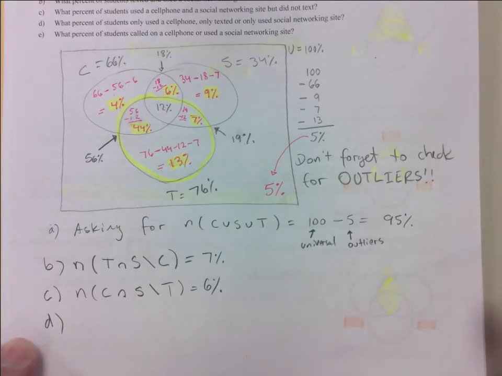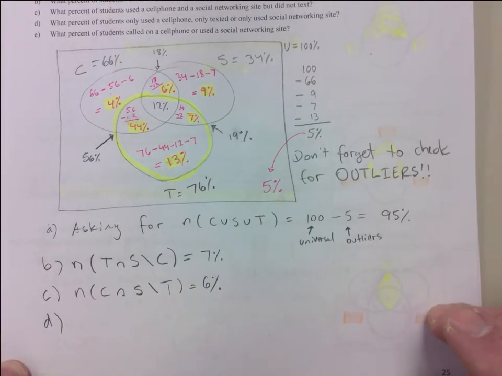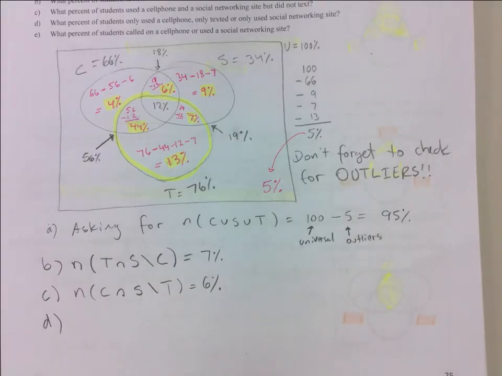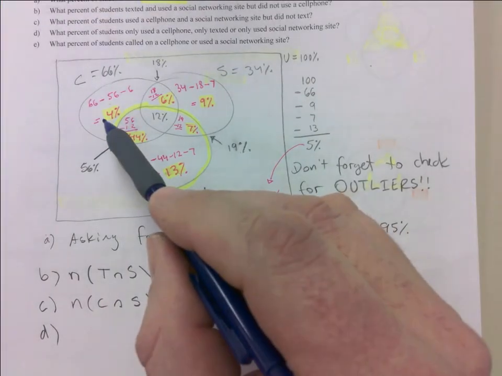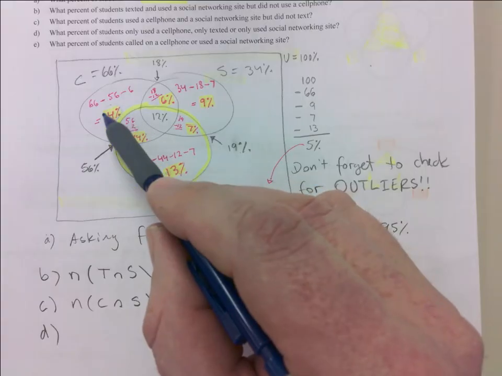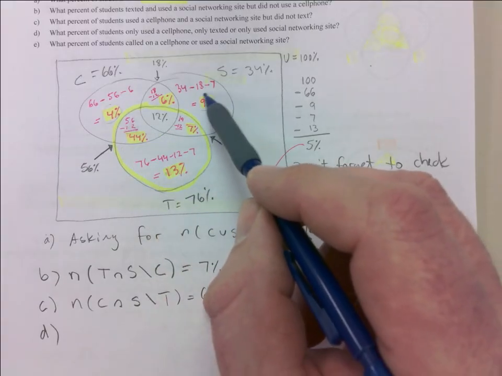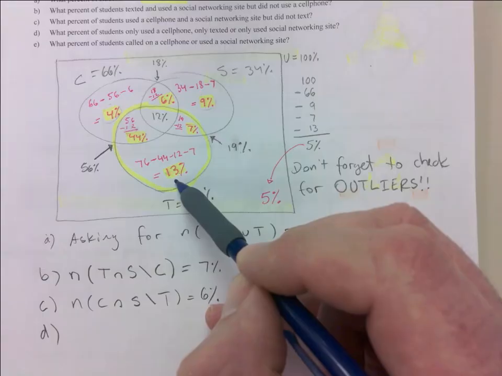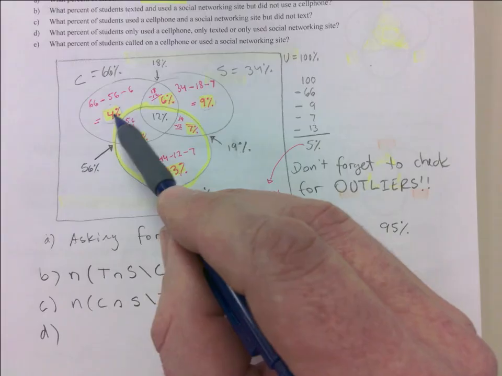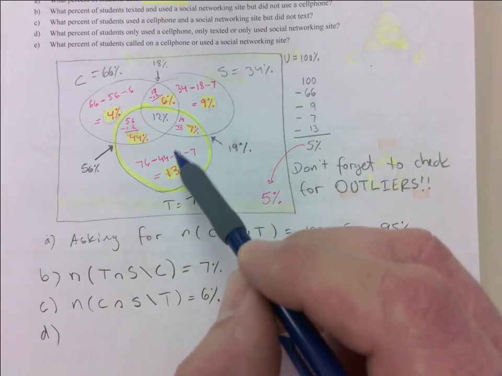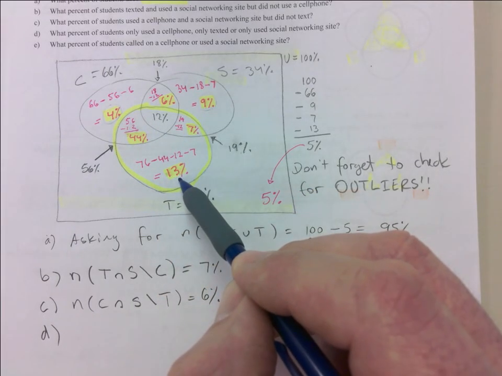D, what percent of students only used a cell phone, only texted, or only used social networking? What is it asking for? It's asking for these students, the ones that only used the cell phone, only social networking, or only this.